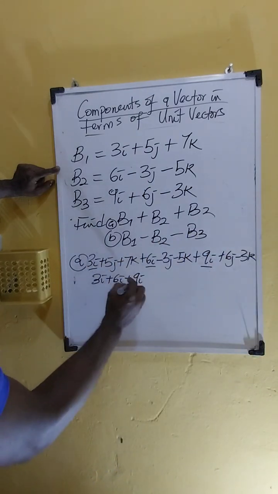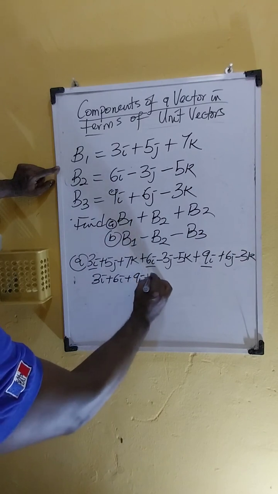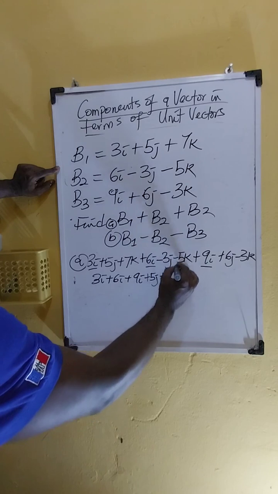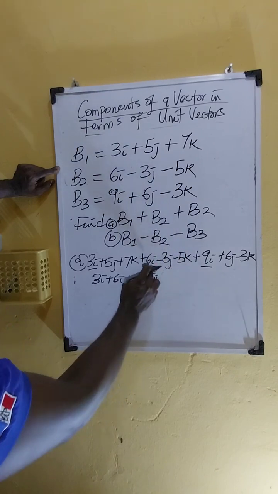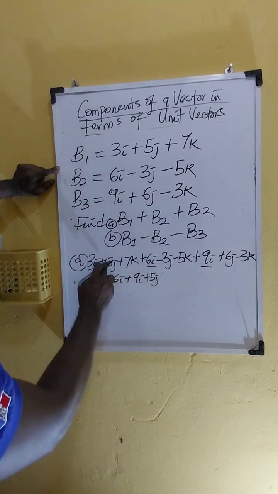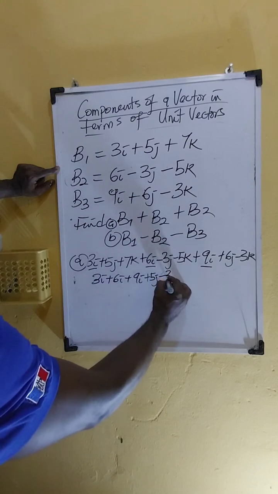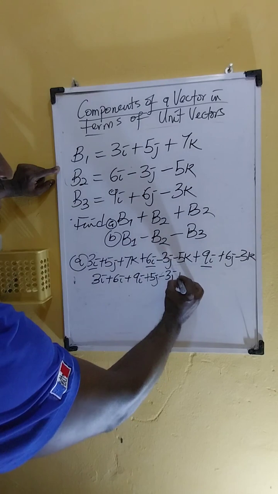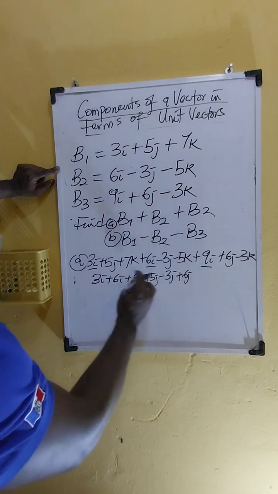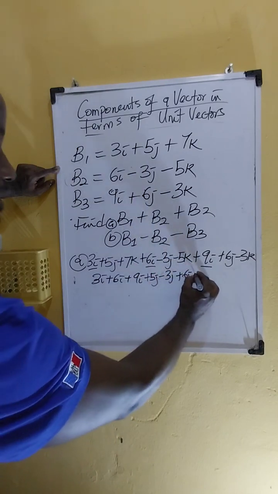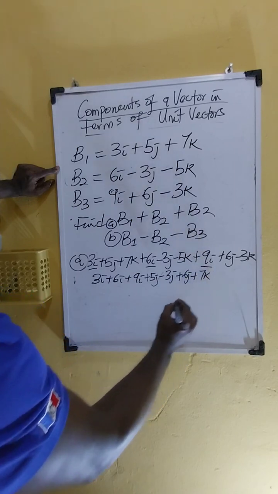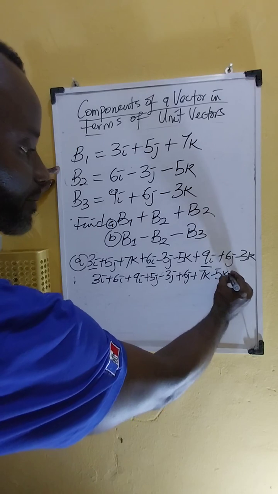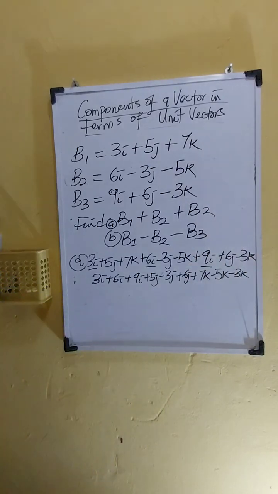So then we take the next, which is J, plus 5J, where's the next one? 5J minus 3J. What goes next? And plus 6J. Then we go next to K, plus 7K minus 5K minus 3K.